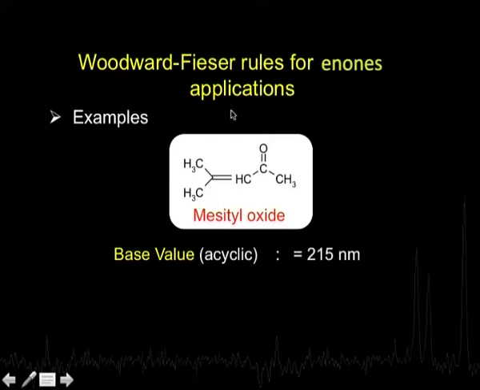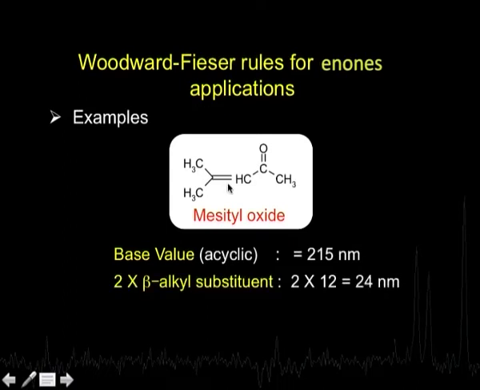Then, since this is my chromophore, on this chromophore there are only two substituents. This is one methyl here, another methyl here. So there basically are two alkyl substituents. And this is very important to understand: this is my carbonyl, this is the ene, and from the carbonyl we start.